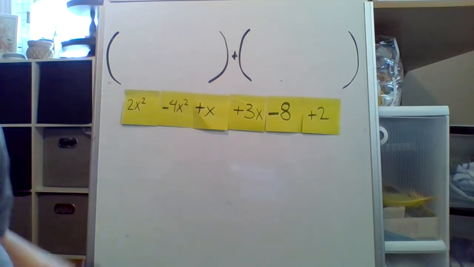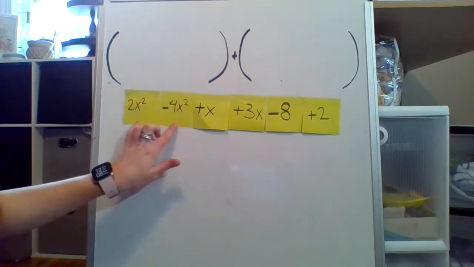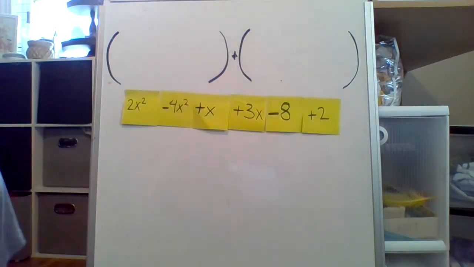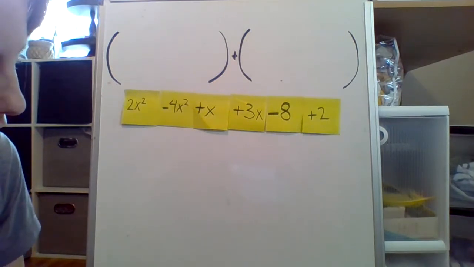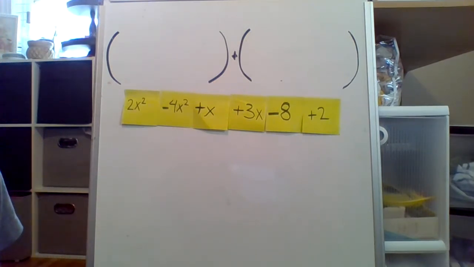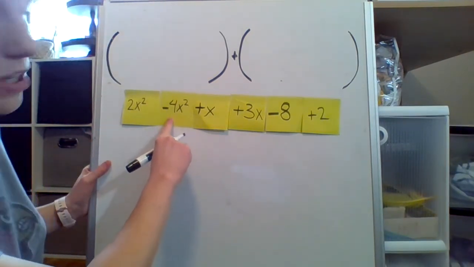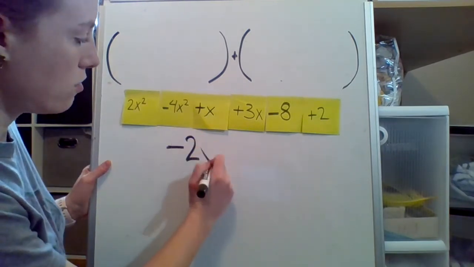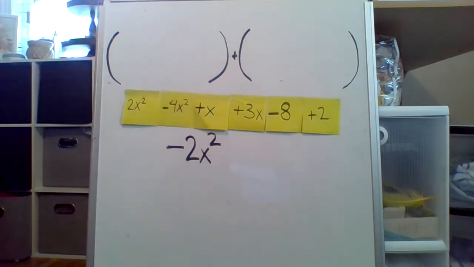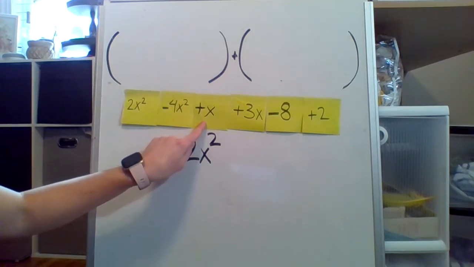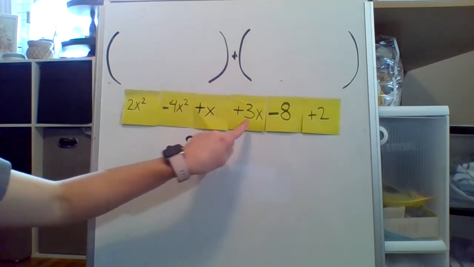When I'm combining my like terms, I will be able to add these together, and that's all I'm going to be able to do. So 2x squared minus 4x squared is negative, because the negative sign is on my higher number: negative 2x squared. Remember, x is the same thing as 1x, so we have 1x plus 3x.